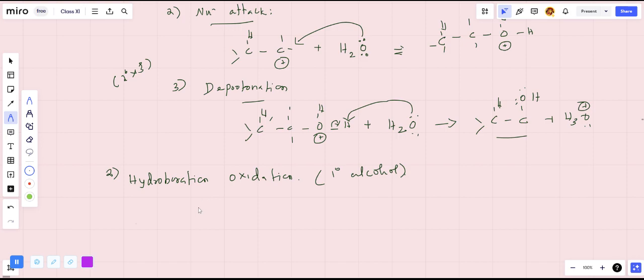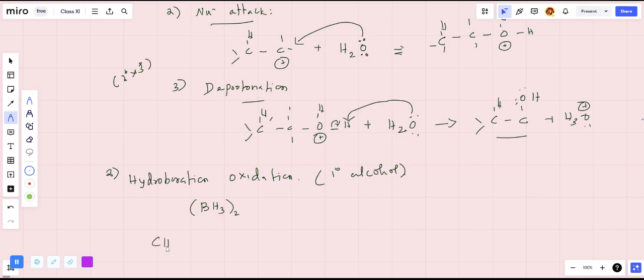What do you mean by diborane? This is borane, so diborane means two boranes are combined. Diborane with alkenes gives trialkyl boranes as the addition product.